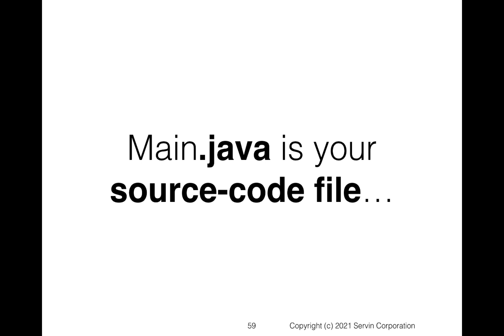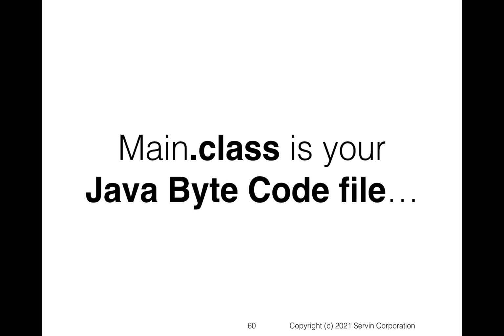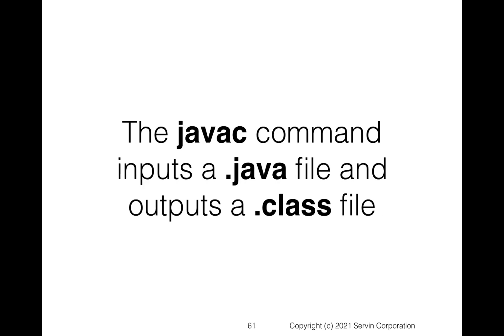The Main.java is your source code file. That's where you, the software developer, will spend your time. The Main.class is the Java bytecode file. So really what's happening, the javac command will input a .java file and it outputs a .class file.